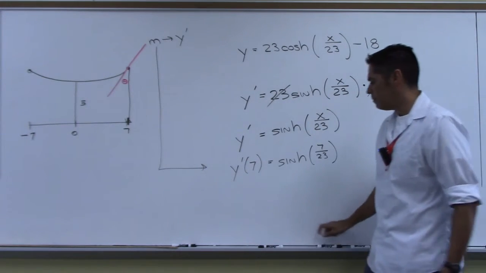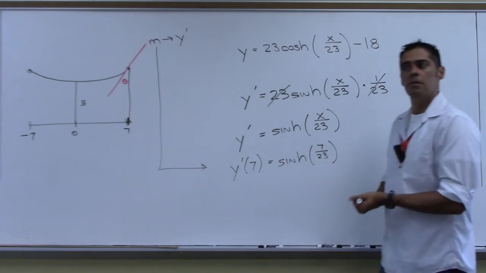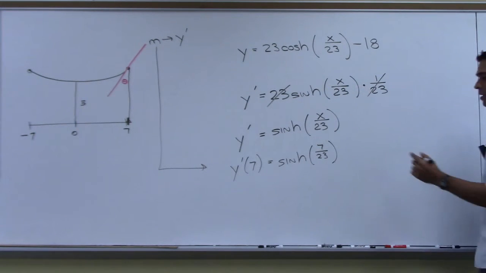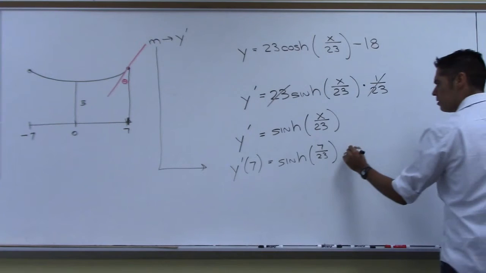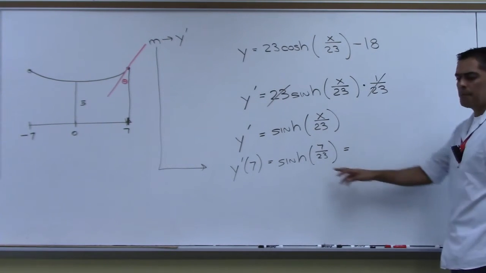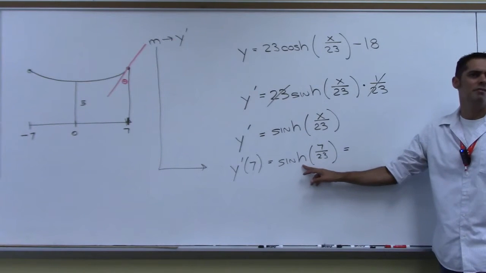And how can you compute the hyperbolic sine? You can use your calculator, right? Or you just do the e thing, but even then you need your calculator. So this will be equal to, how many of you have the hyperbolic sine function on your calculator? Everyone should.